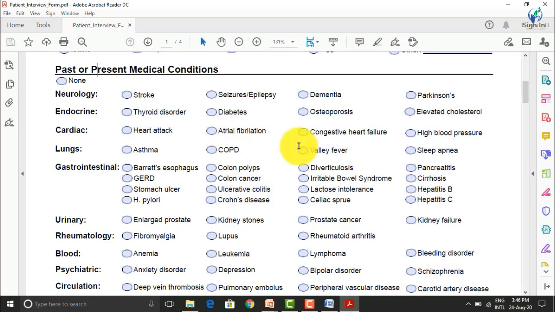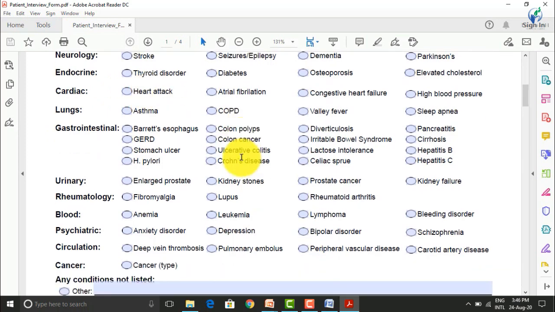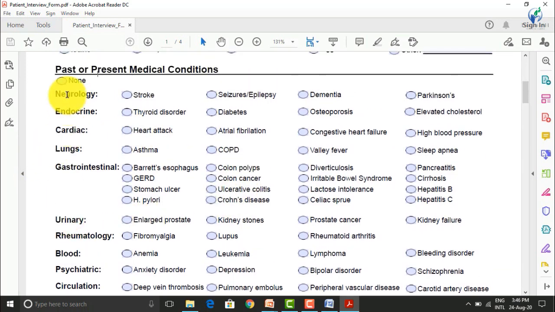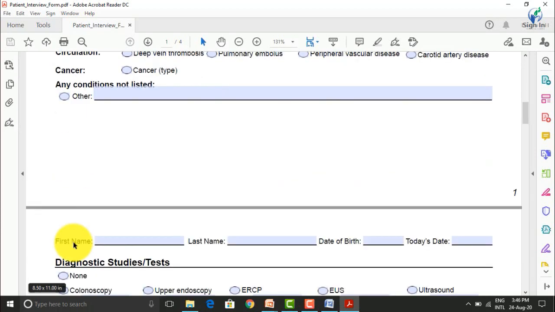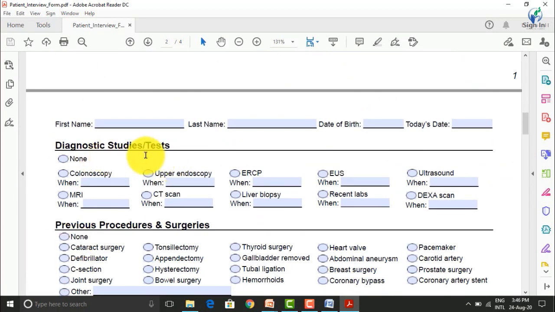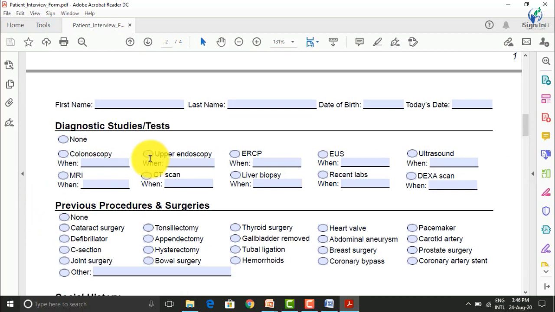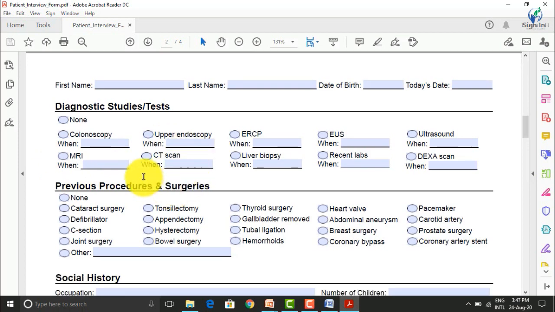Then atrial fibrillation, congestive heart failure, high blood pressure, then we can mention over here. Then afterwards, diagnostic studies or any test, whether the patient has gone through the MRI, CT scan, then that information should be mentioned over here.